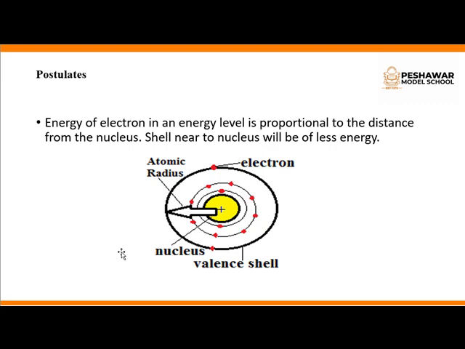And the distance also matters. You can see the electron which is farther away from the nucleus is of higher energy, and those orbits which are near to the nucleus are of lower energy.